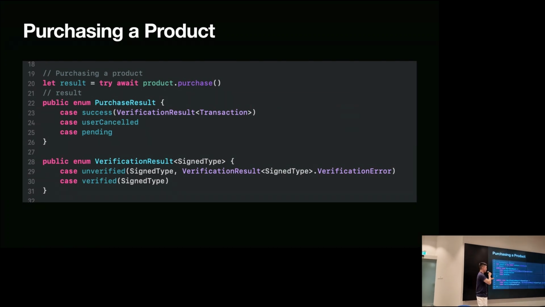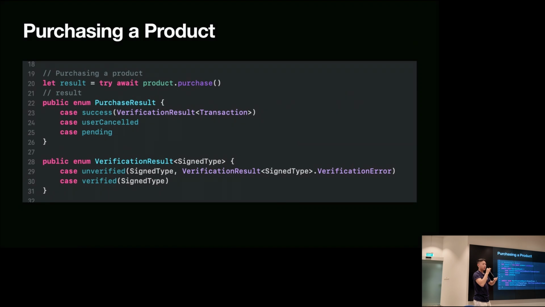User canceled is just literally when the user clicks on the X or just closes the payment pop-up. And pending is, so in Apple, they have a feature called Ask to Buy. It's mostly used for maybe parents monitoring their kids' purchases. So for example, I'm a kid and I have an iPad and I'm purchasing something from a game.